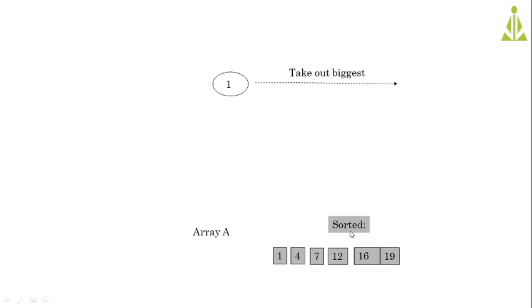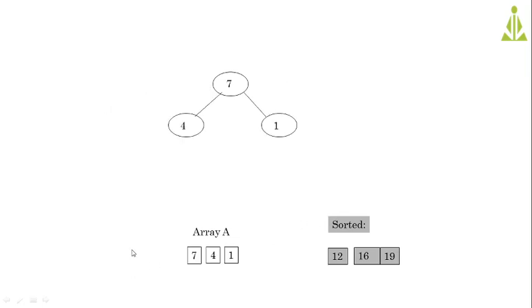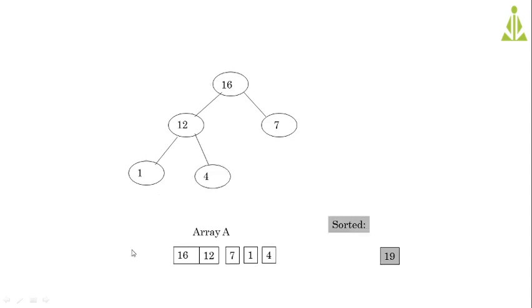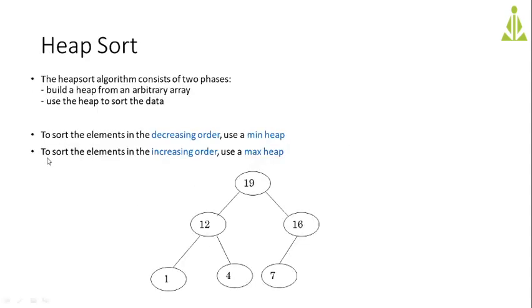Then we will get the sorted order 1 4 7 12 16 and 19. So we got it in increasing order, 1 4 7 12 16 19. As we discussed here, to sort the elements in increasing order, use the maximum heap.